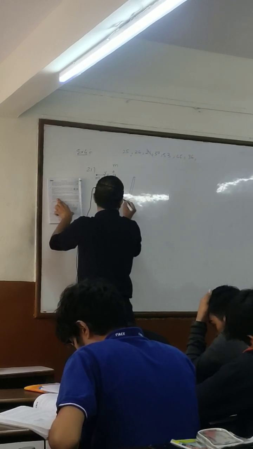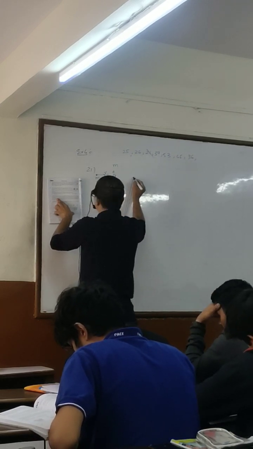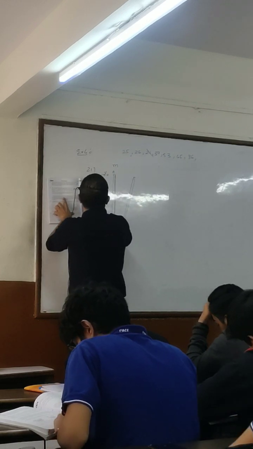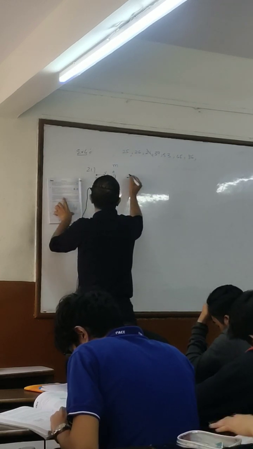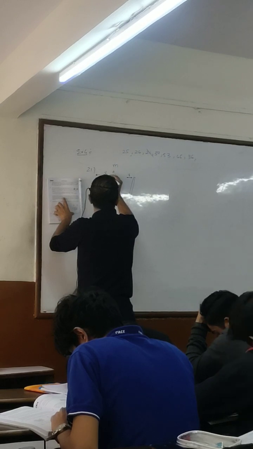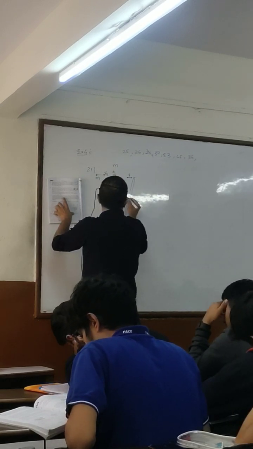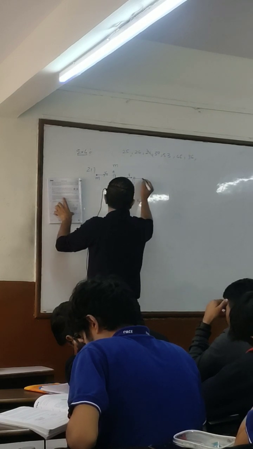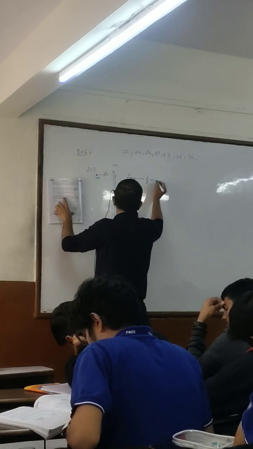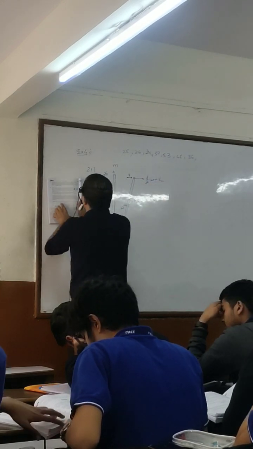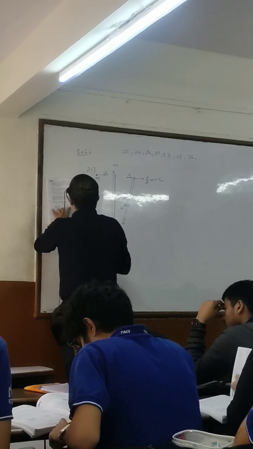Right? Now, this will be moving with the velocity v. This is v naught. And I call this VCM. This as omega. This will be L by 2 omega plus VCM. Right?